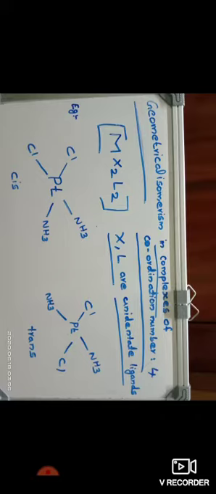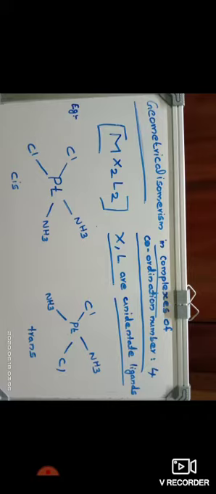When two NH3 are adjacent to each other, or when two Cl are adjacent to each other, it is the cis isomer, and when the same ligands are on opposite sides, it is the trans isomer. NH3 on opposite sides or Cl on opposite sides result in the trans isomer.